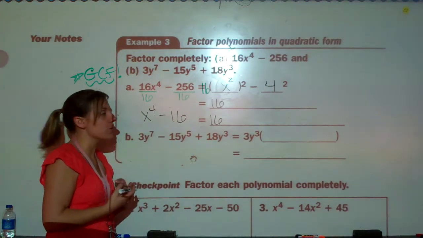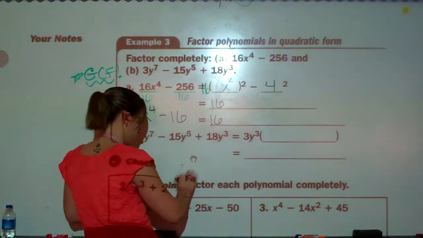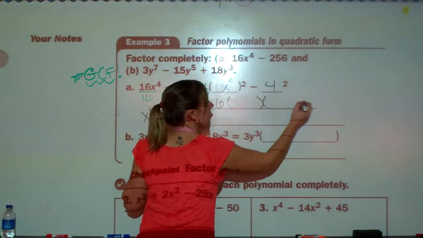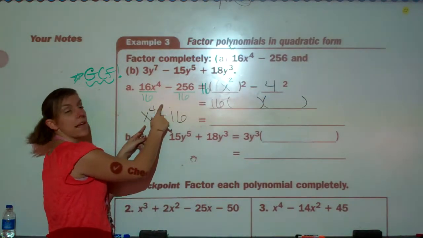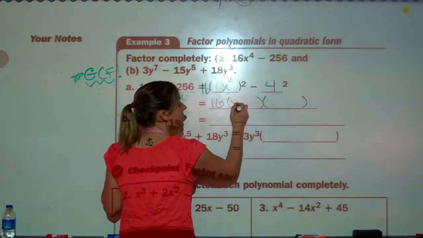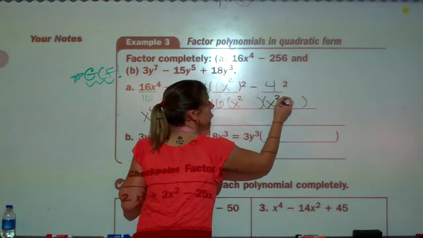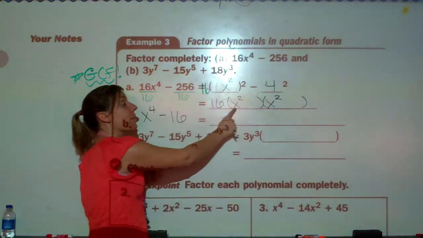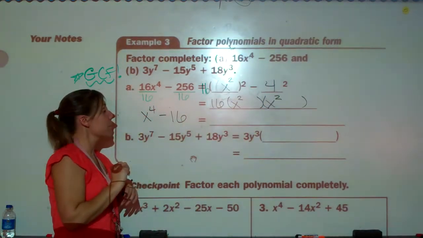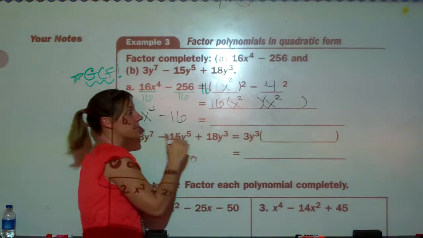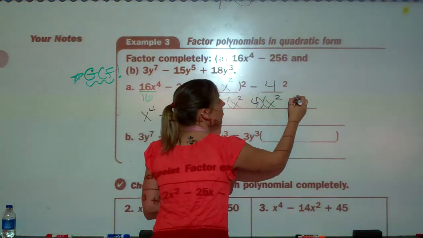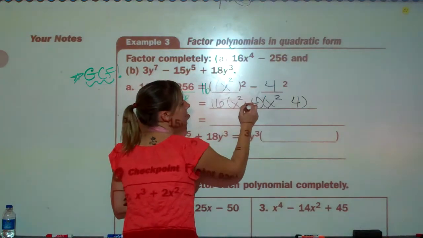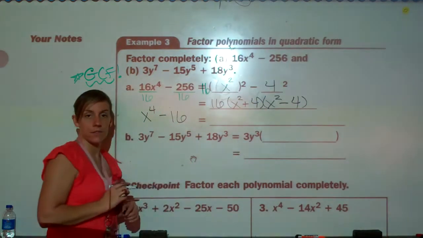Or what you could do, and again, I guess I don't really do kind of this last line, what I do is I ask myself, okay, what times what gives me x to the fourth? Well, that would be x squared times x squared. They match, so that's good. And then, what times what gives me 16? Well, that's 4 and 4. 4 times 4 gives me 16, and then it's plus and minus, okay?